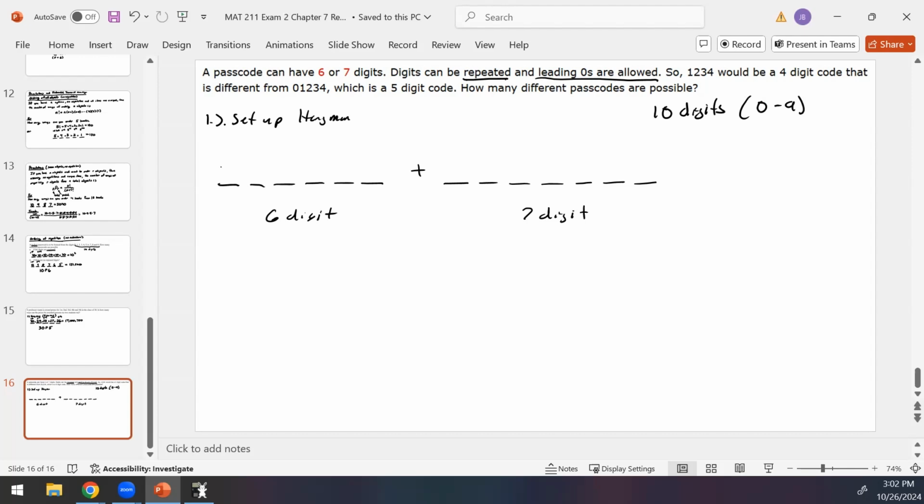And so for the 6 digit, I have 10, 10, 10, 10, 10, 10. If it wasn't repeated, then I would have to go 10, 9, 8, 7, 6, and so on. But here it's 10 for every slot, and then I multiply all of these together.